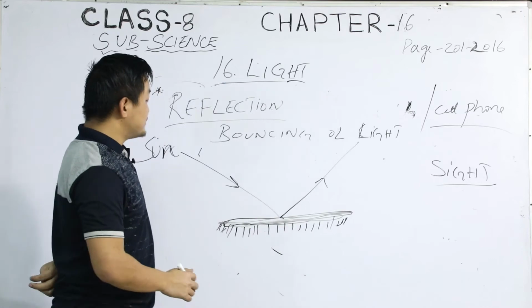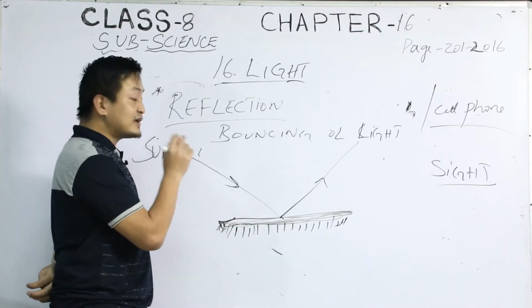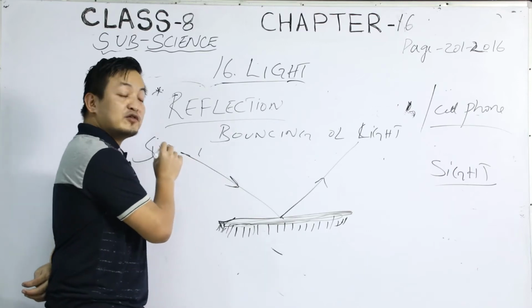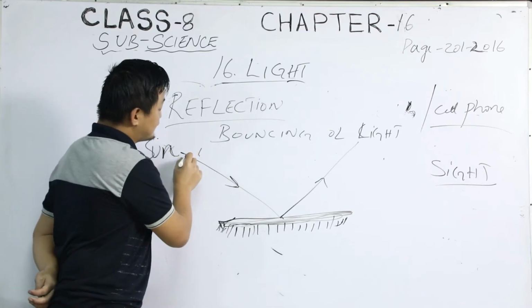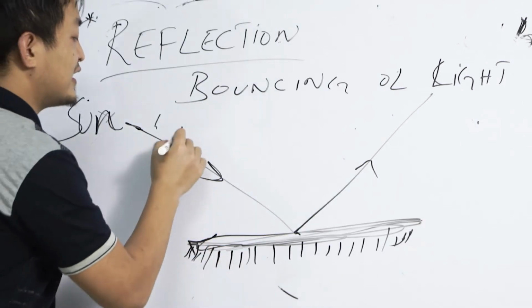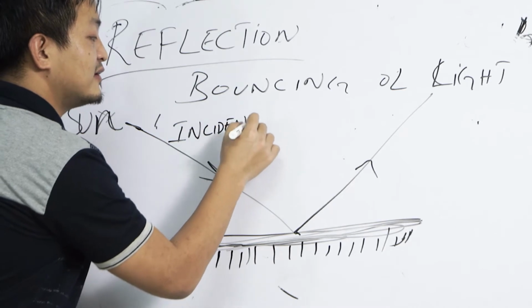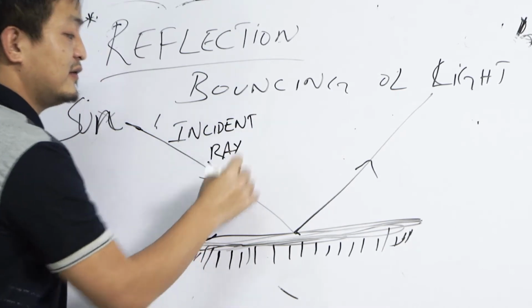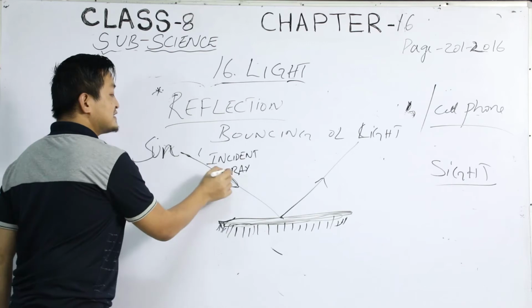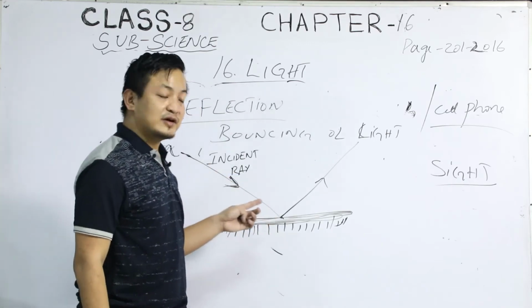Clear? Now students, see, the light rays which we are getting from the sun and which fall on this surface are known as the incident ray, okay? So this is the incident ray. Now what happens to this incident ray?